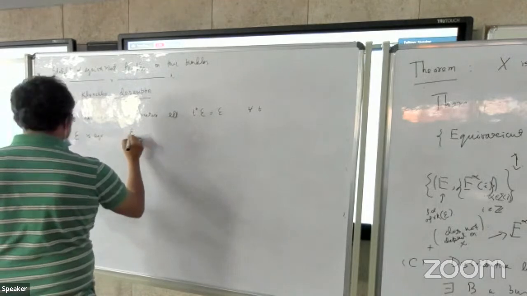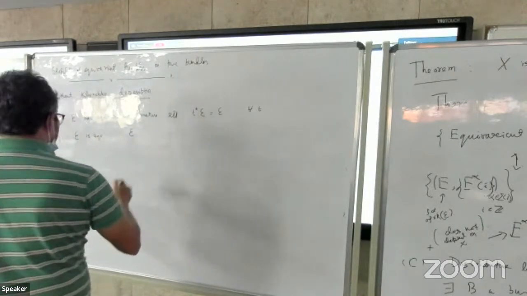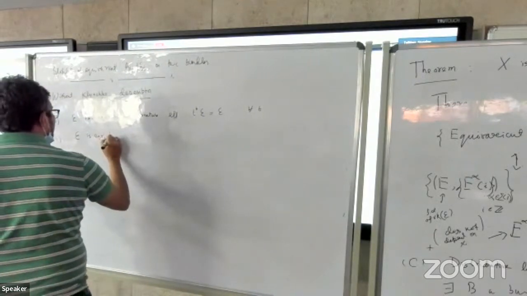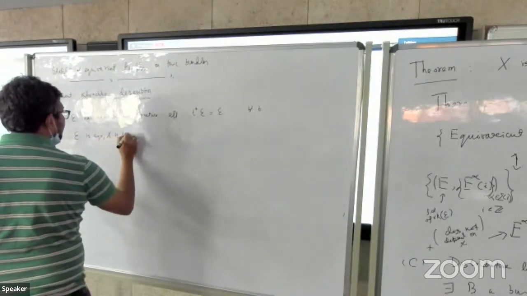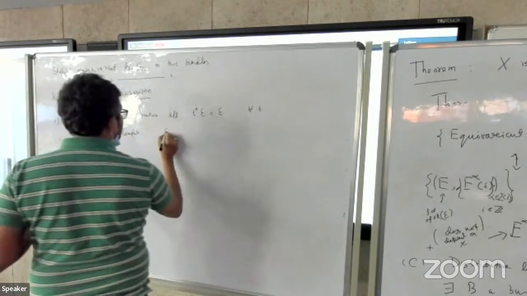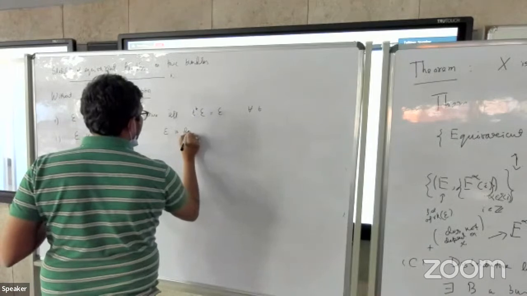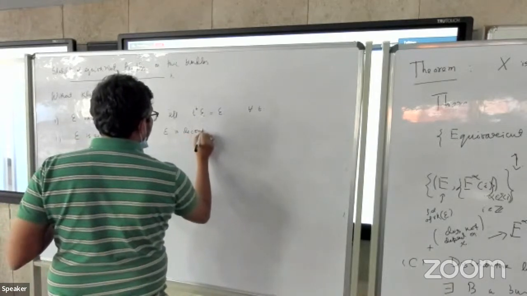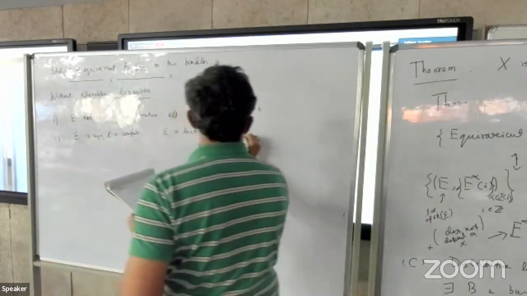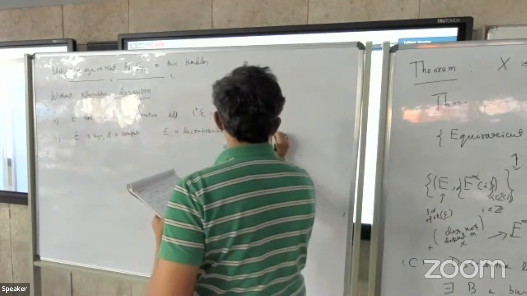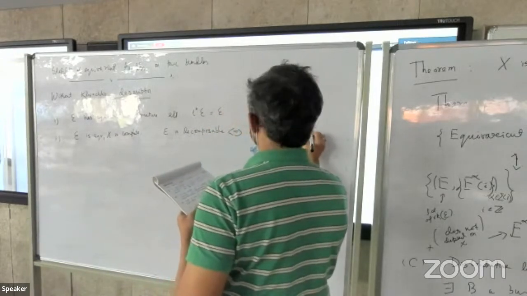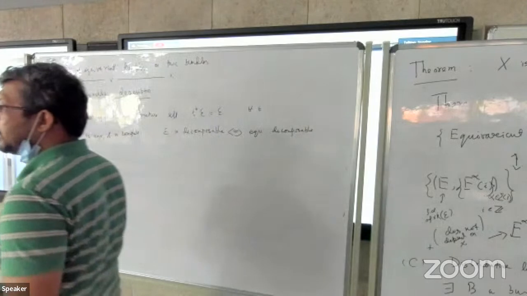X is, say, I assume X is complete. Then E is decomposable if and only if it is equivariantly decomposable. So this says about your splitting property that if it splits, then it splits equivariantly.